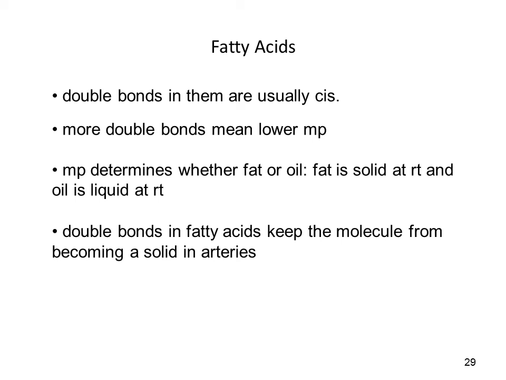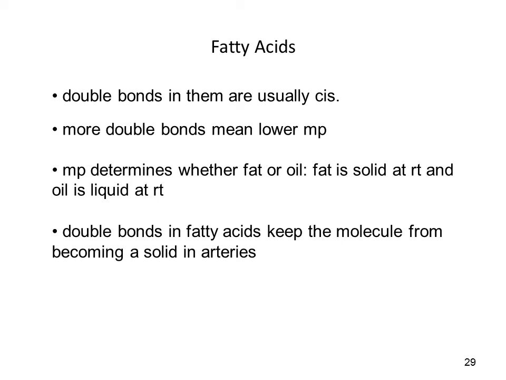The cis fatty acids have that stiff double bond in them with the groups on the same side. It gives them a U-shape, and they tend to not stack very well with each other, so the melting point is low. The more double bonds that are in a fatty acid, the lower the melting point.